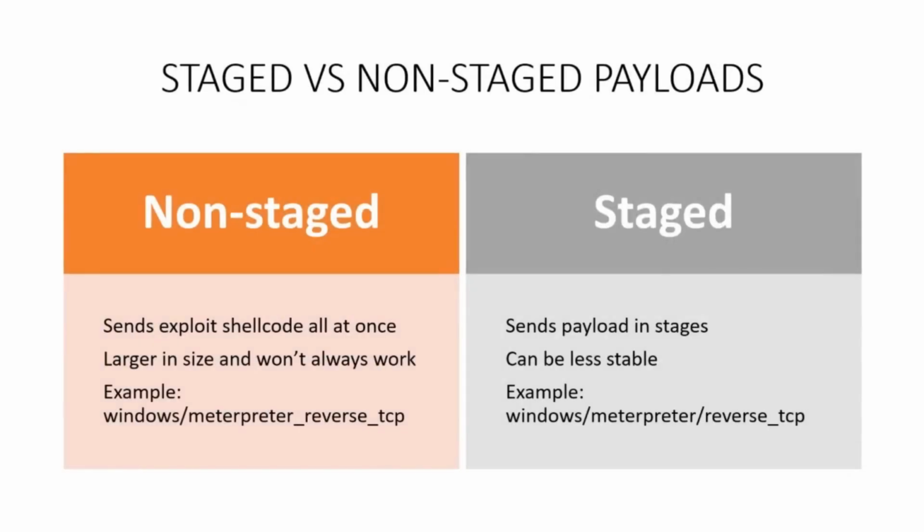Now let's talk about staged versus non-staged payloads. And before we do that, we must talk about a payload. So a payload is what we're going to run as an exploit. And when we run that exploit, it's called a payload. We use different types of payloads depending on what it is.